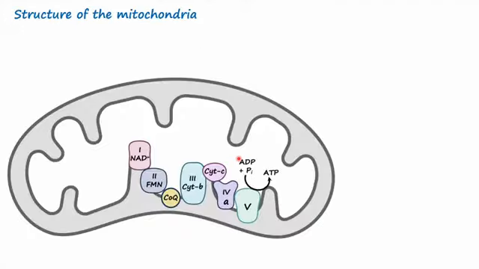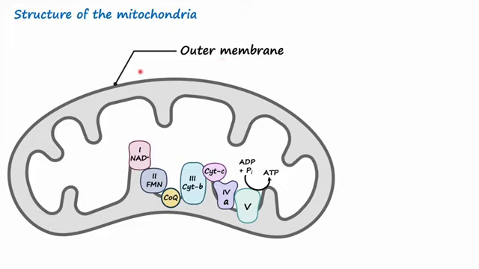Lastly, I also quickly want to talk about the structure of mitochondria, which is important before we start learning about the electron transport chain. Mitochondria has an outer membrane, and this outer membrane contains special pores making it freely permeable to most ions and small molecules.